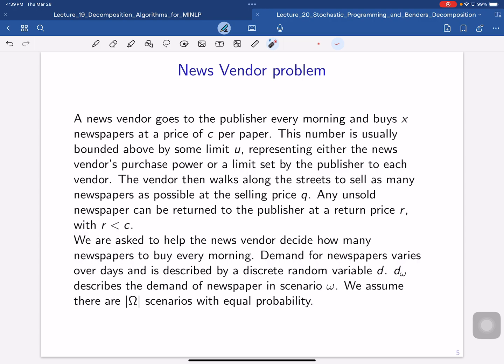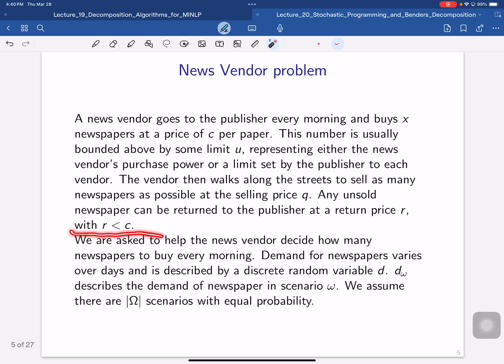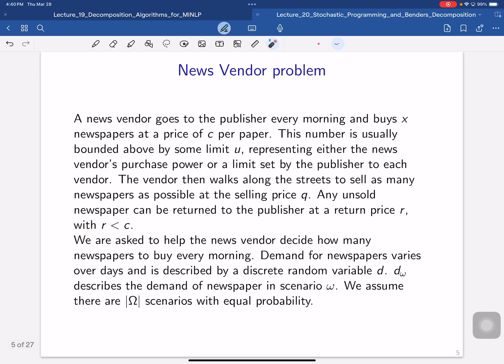Then maybe the publisher will recycle the unsold newspapers, and in that case, you will only get a return price even lower than your purchase price. But the thing is that when they are buying the newspapers, they don't know how many papers they will be able to sell.